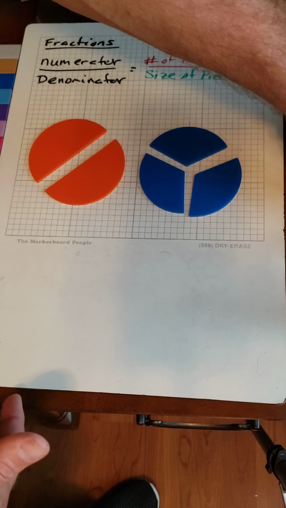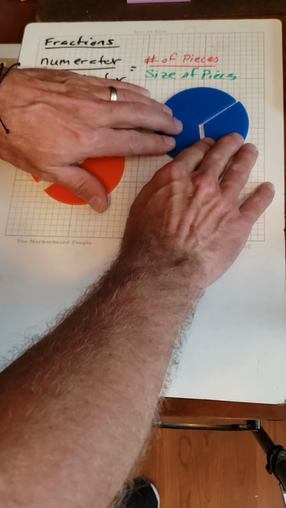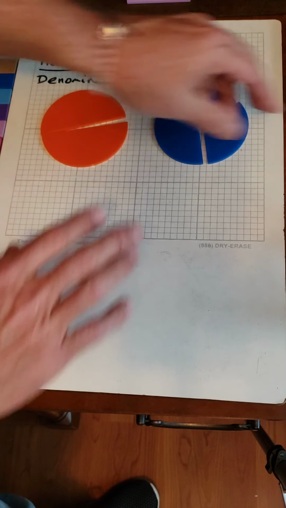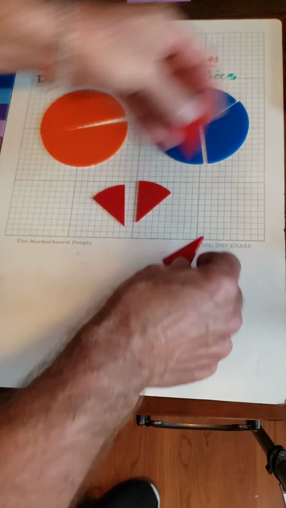And I can keep going. If we look at this next one here, there's my 3 pieces. I'll kind of keep them separated so you can see how many pieces there are. Now I've got this one. This one's way smaller.